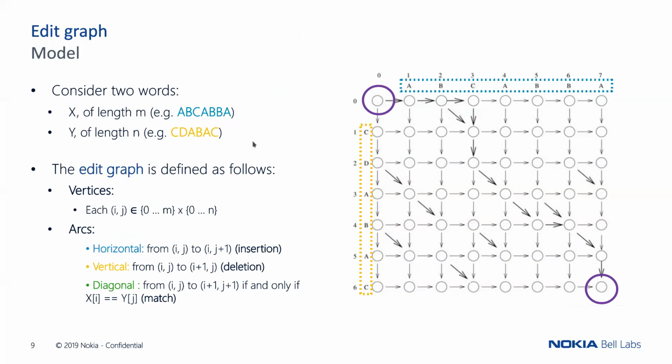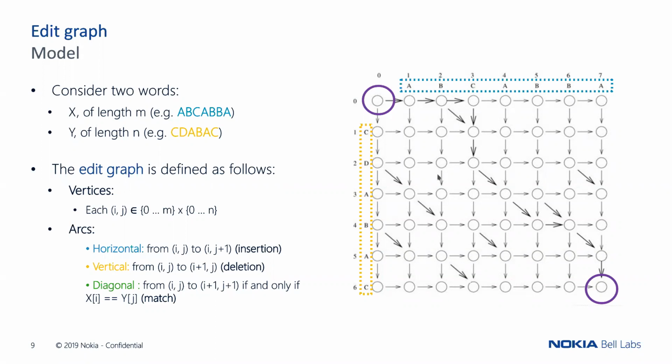I will build a graph such that each vertex corresponds to an (i, j) pair, where i is an index of X and j is an index of Y. I will start from index (0, 0), which is the start of X and Y at the upper left corner.